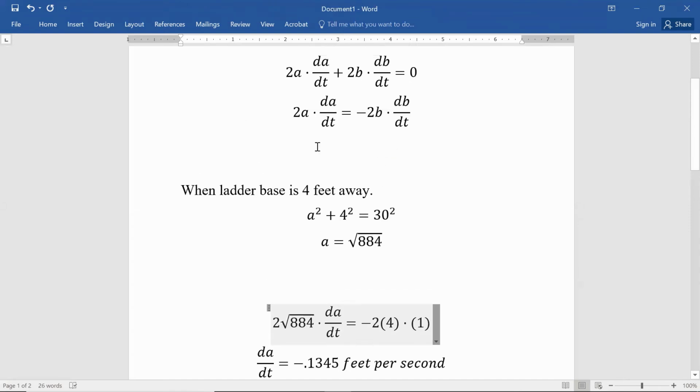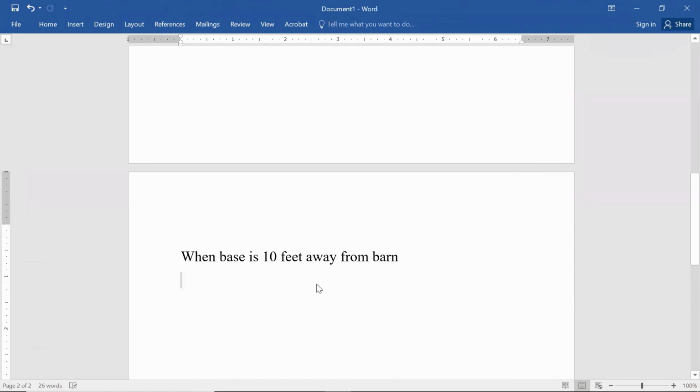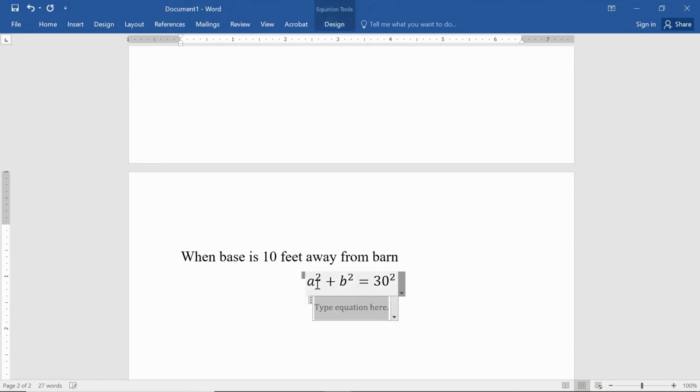We're going to have to use this formula. But before I do that, let's find where the A is at. So when the base is 10 feet away, A squared plus B squared equals 30 squared. The B here is 10 feet away.